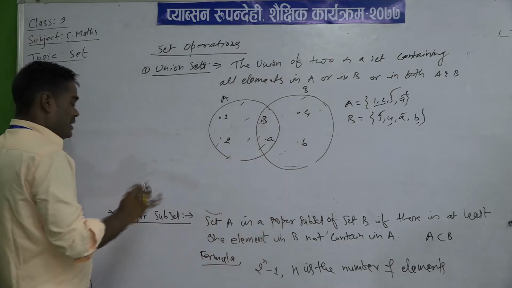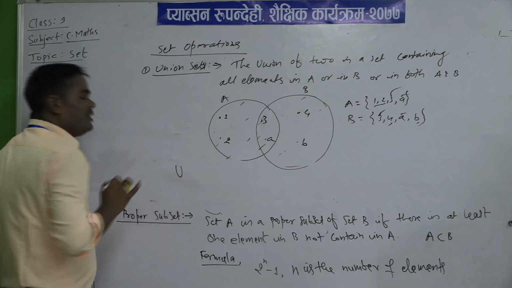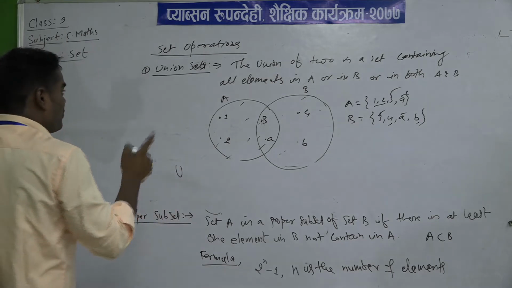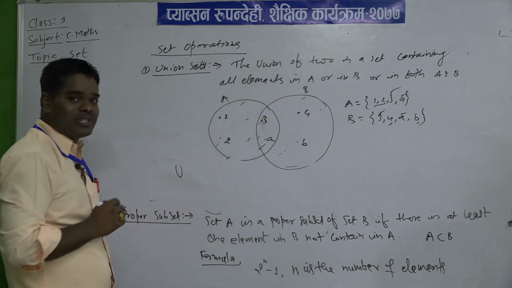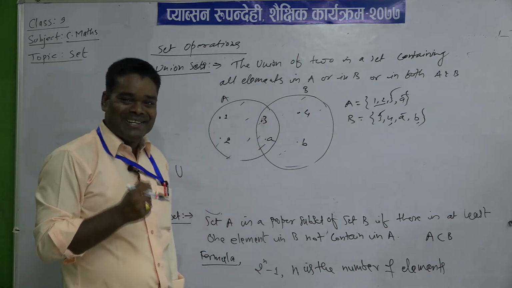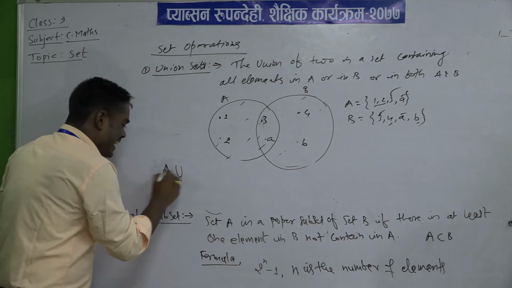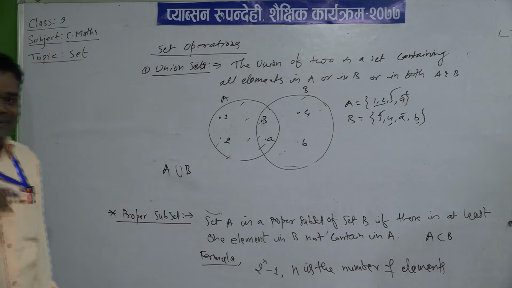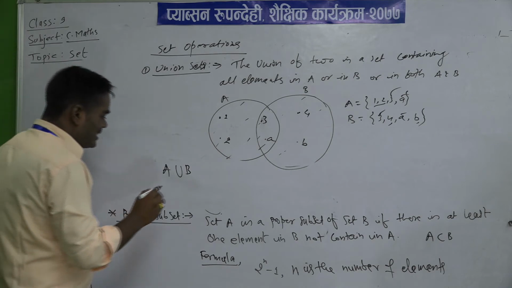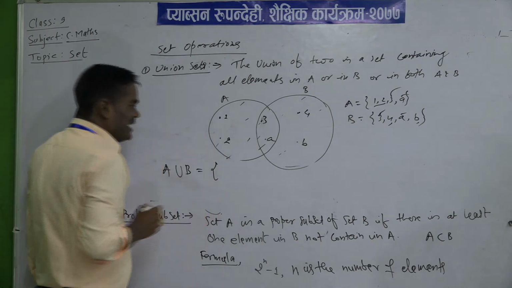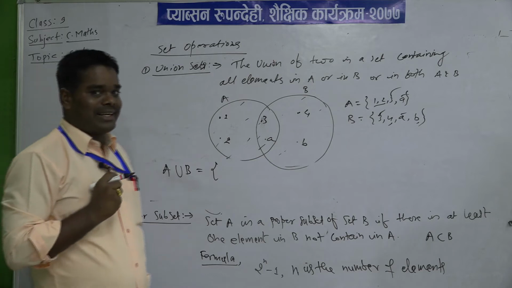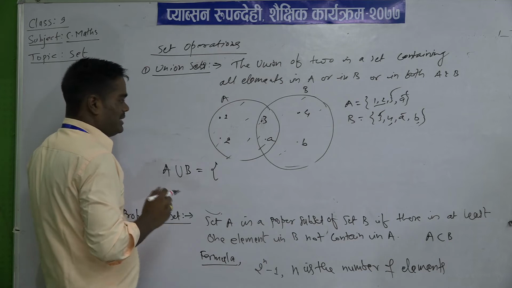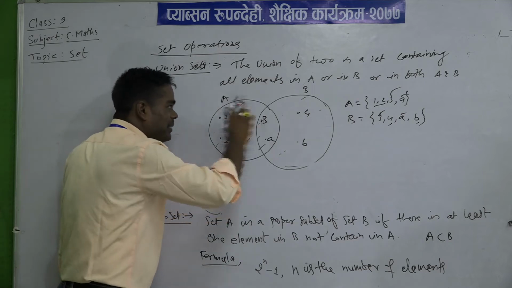Now the union set is denoted by ∪, and we are going to find the union of two sets A and B. So write A here and B here. Now it became A union B. So what is the value of A union B? Firstly, very carefully write down the elements of the common region. What is common for A and B? 3.